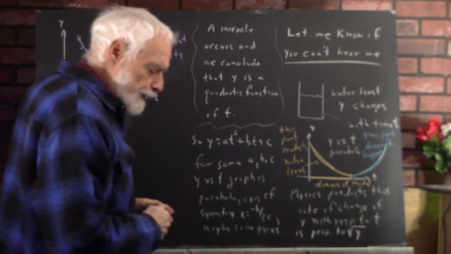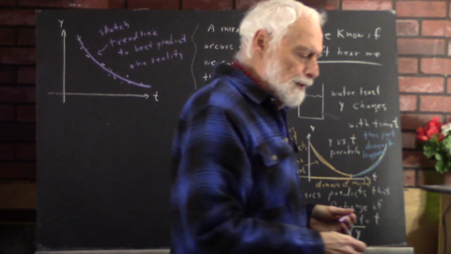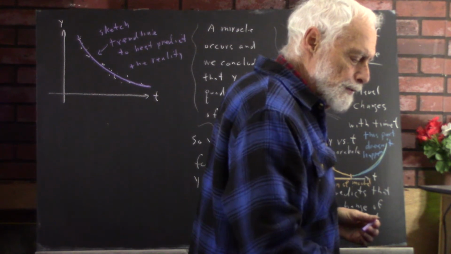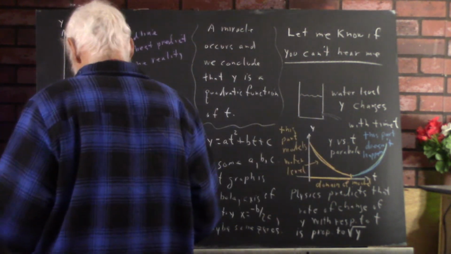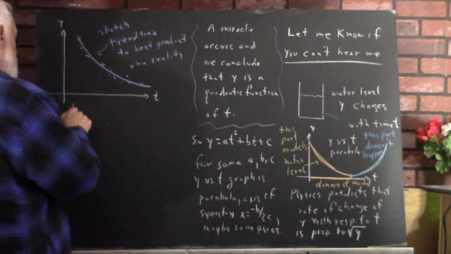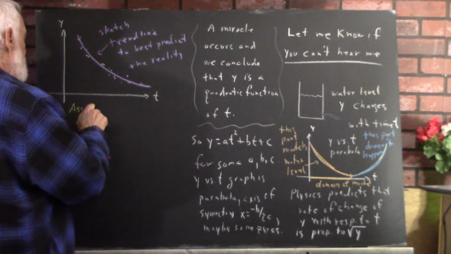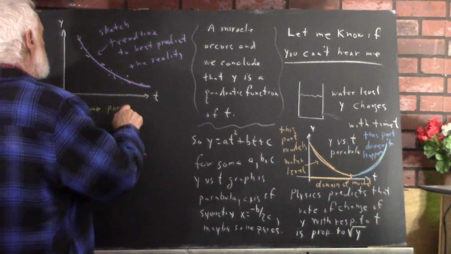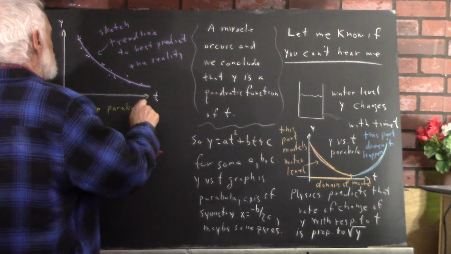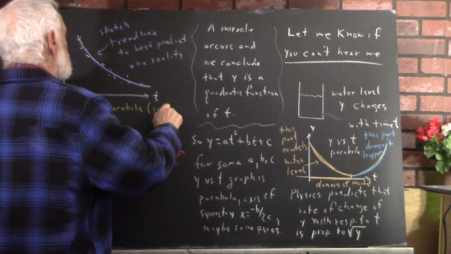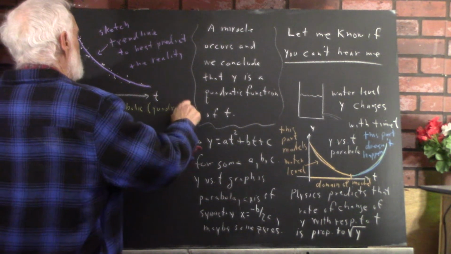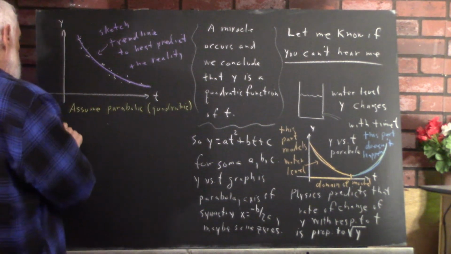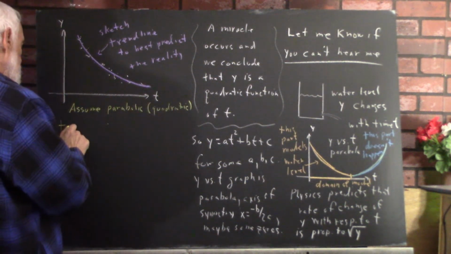Now, our procedure is we assume that the trend line is parabolic, which means we have a quadratic equation.